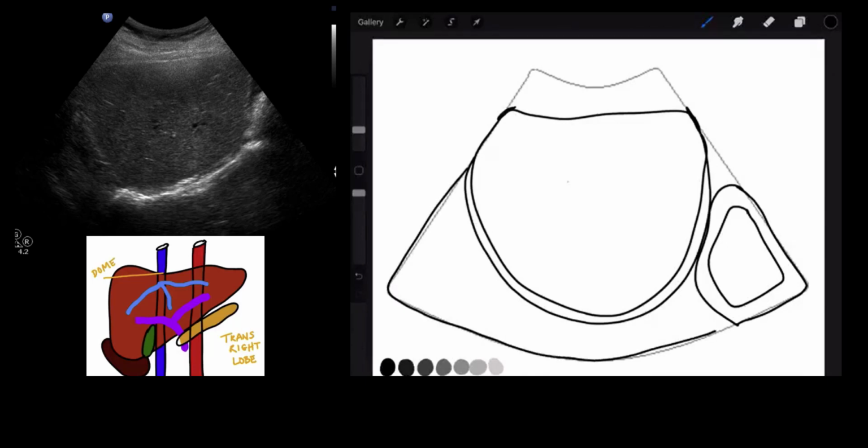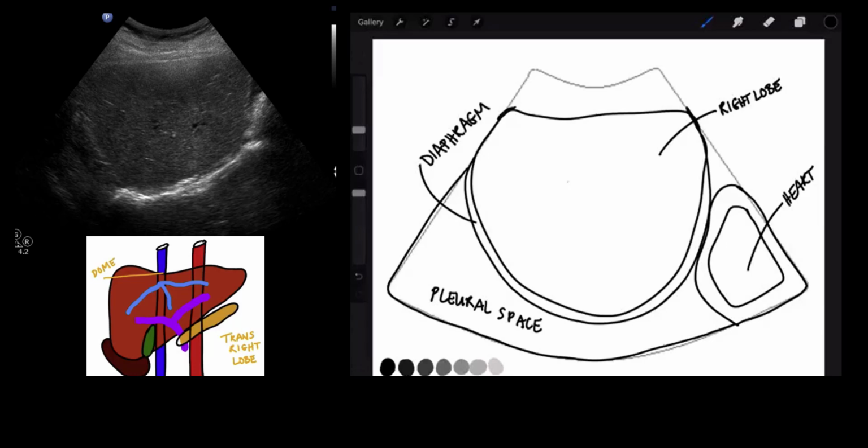So major landmarks for the dome picture. Again, we'll be able to see the pleural space, which is part of the thoracic cavity, being separated from the abdominal cavity. We'll see a cup of right lobe of the liver with no major blood vessels, and we'll be able to see the diaphragm wrapping all the way around the liver.